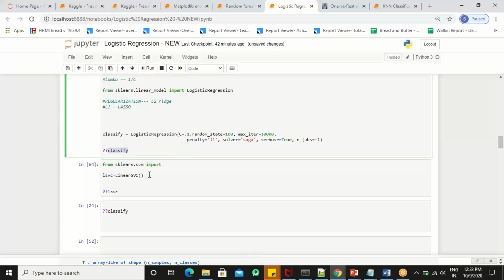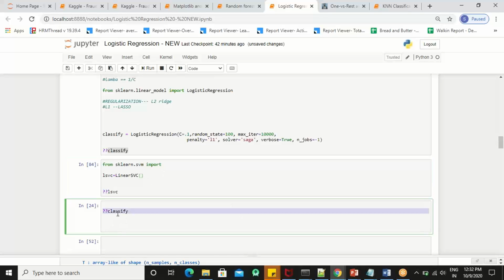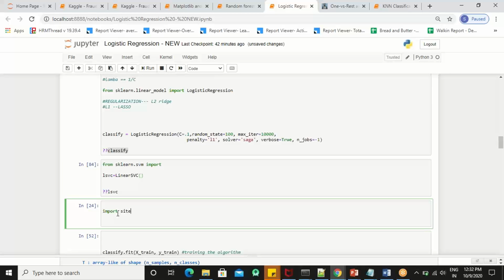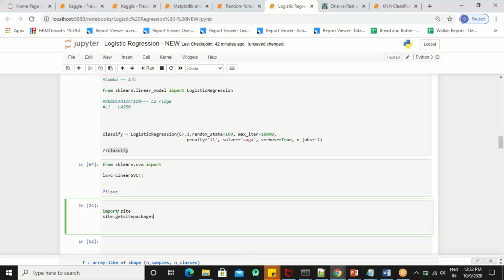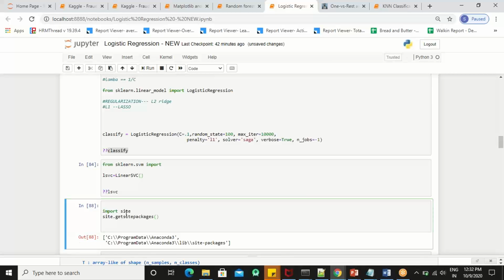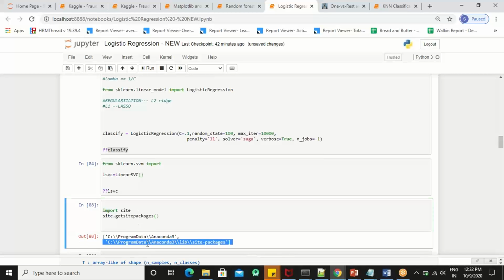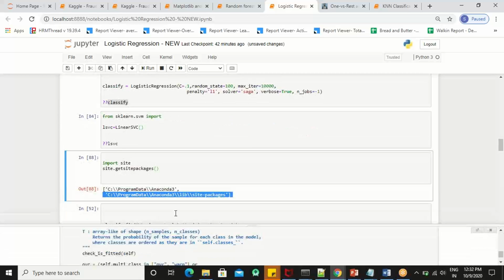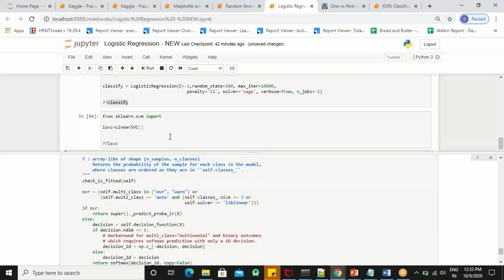It's not opening these things. So what I'll do, I'll immediately do something else. Import site dot get site packages. Okay, sorry, sorry, it's opening actually, I had moved it down so I could not see it. Yeah Rahul, correct, thanks.